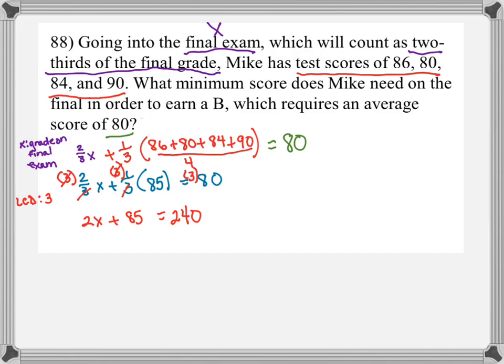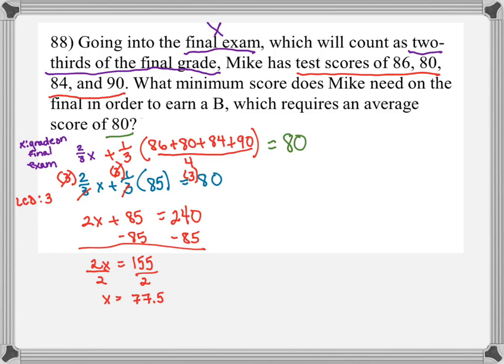Okay, this is why this is in the linear example section, because this is now a linear equation. So to solve this equation for x, let's subtract 85 from both sides. We get 2x equals 155. Divide both sides by 2, and x is 77.5.